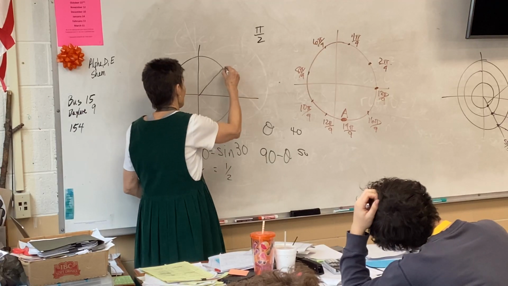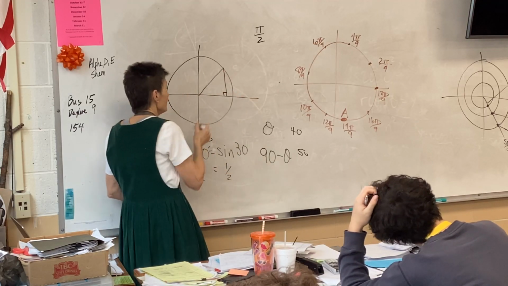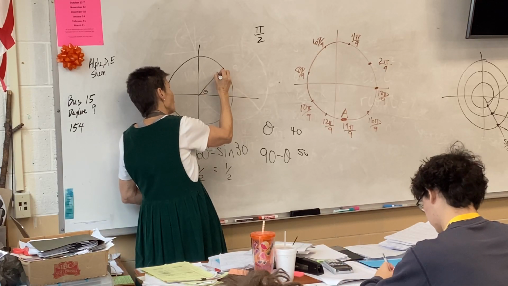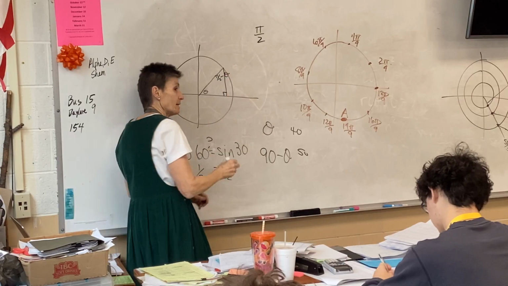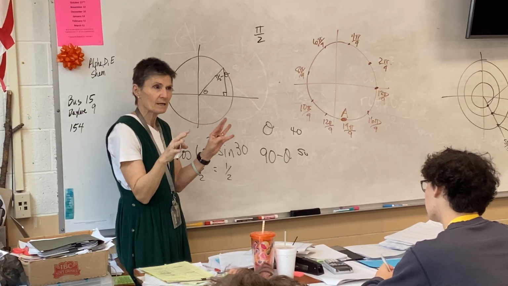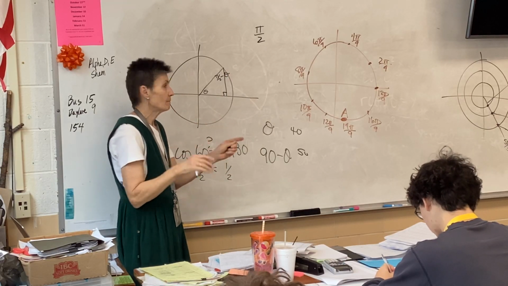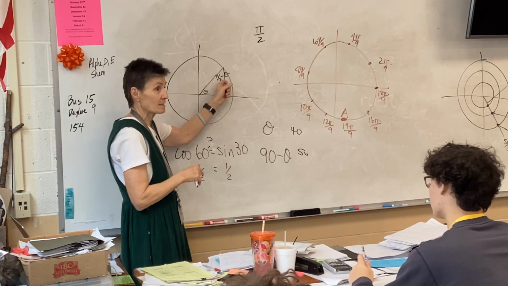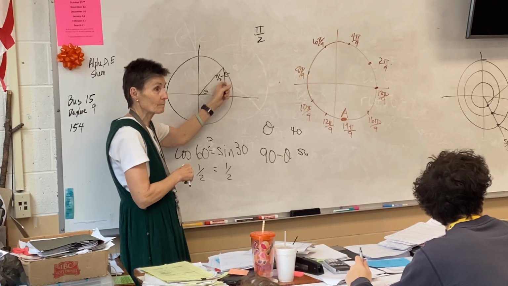Let me draw the picture and prove it to you. If this angle is theta, this one up here would be pi over 2 minus theta. Make sure you're thinking about that, okay? This is 90. So if that's theta, that one has to be 90 minus theta.